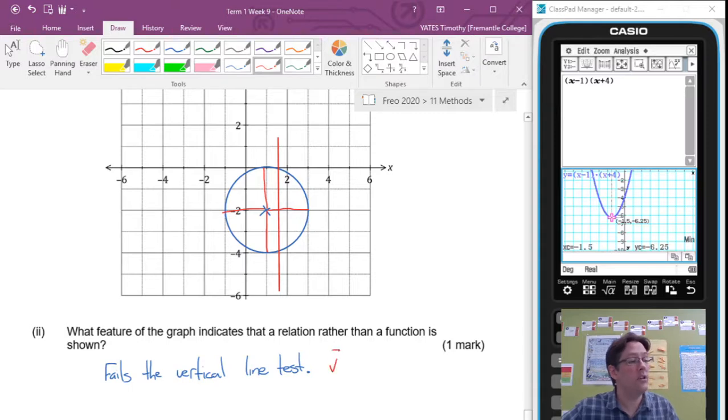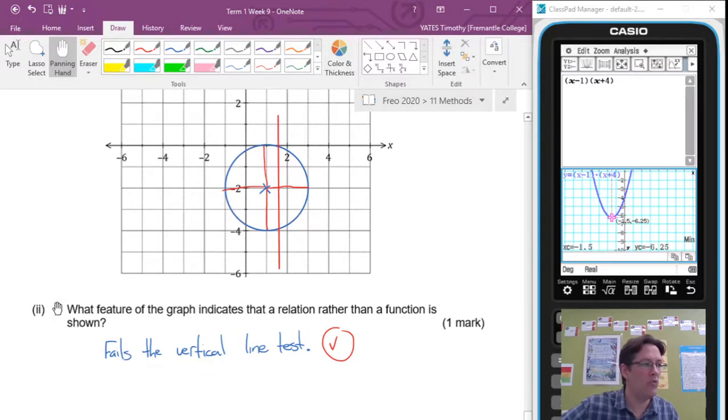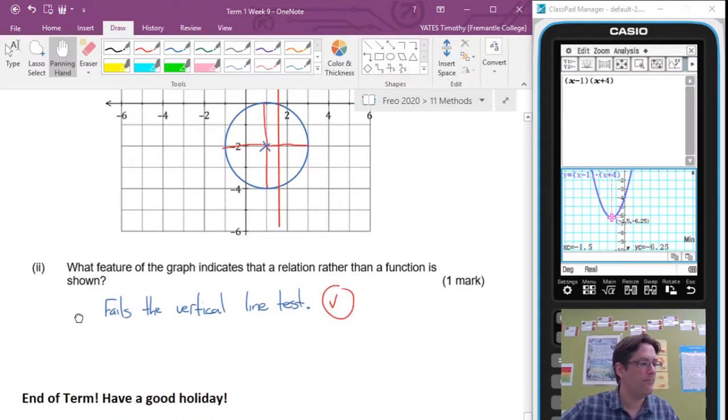If you say it fails the vertical line test, I'll give you full marks because that's what the answer key asks for. If you explain it in some other, more verbose way, I'm fine with that too. But just saying it fails the vertical line test is enough for me.